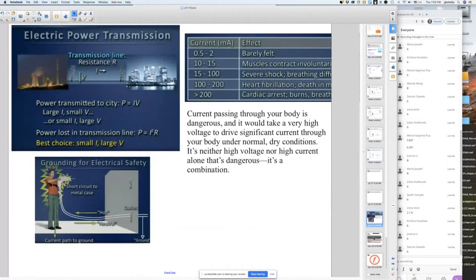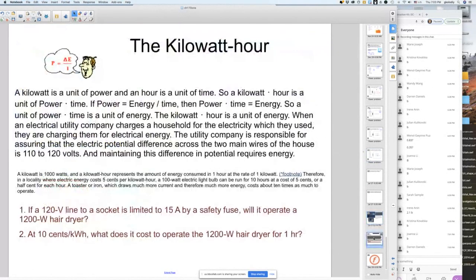One more unit, one more comment about power. There is something called a kilowatt hour, which you may have seen on your electric meters. Don't forget, what is a watt? It's a joule per second, and kilowatt means thousands of watts.